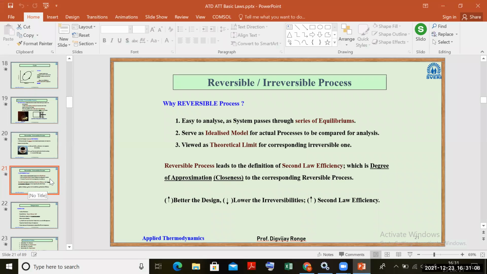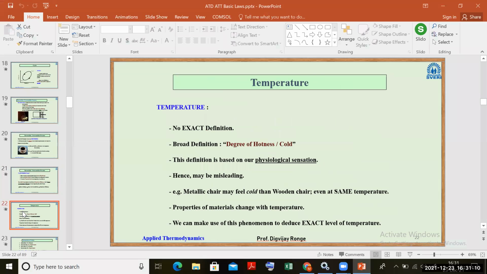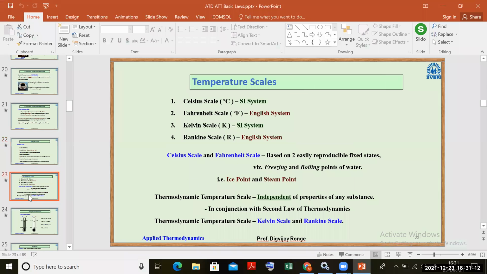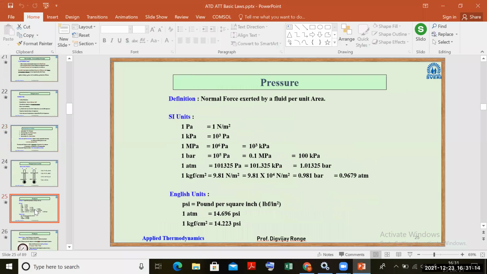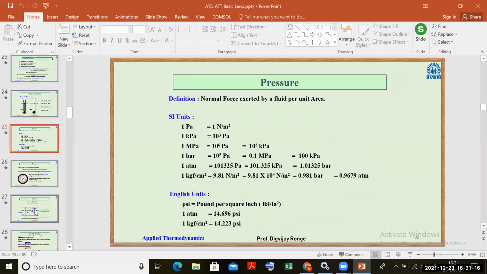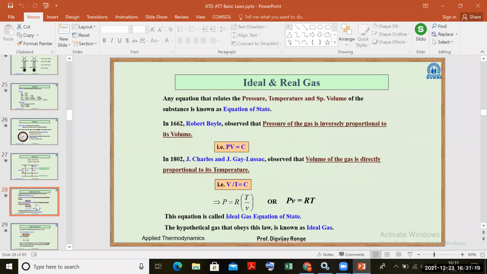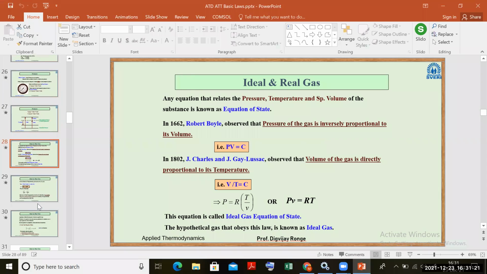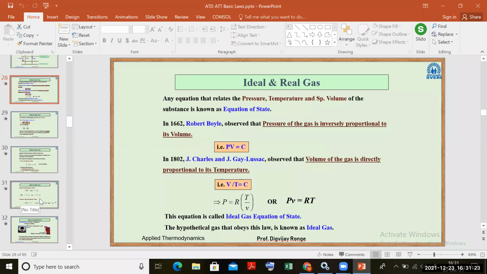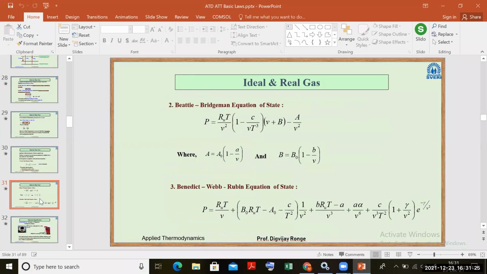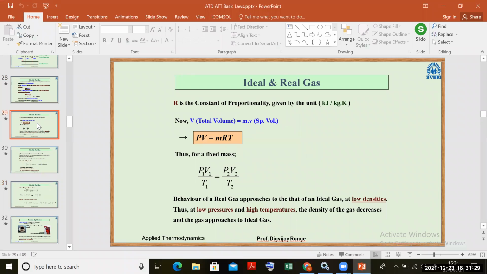In the next lecture, we'll see properties like temperature and pressure, and ideal and real gases also. We'll see properties like temperature, pressure, and then the ideal gas equation. That will be sufficient for the next lecture.